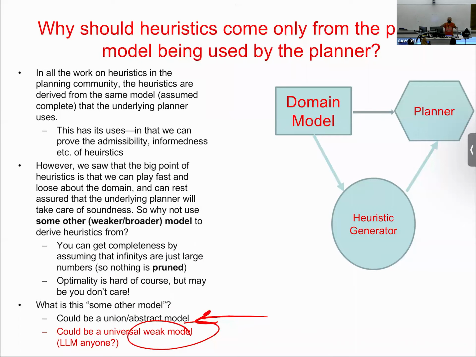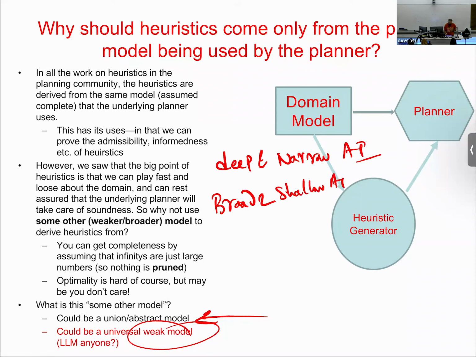It's a jack of all trades, essentially. In general, I differentiate between deep and narrow AI and broad and shallow. Broad and shallow is jack of all trades, but sometimes it has advantages.